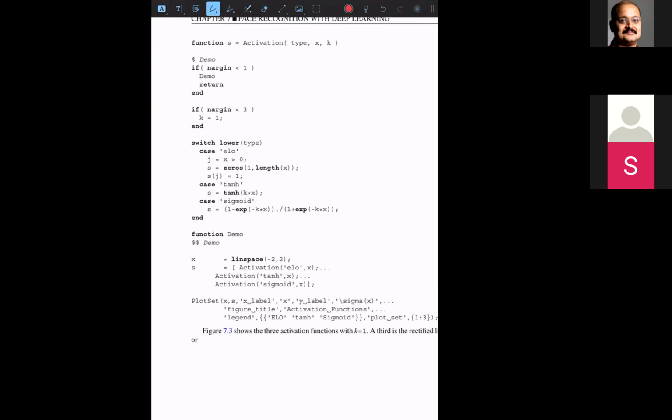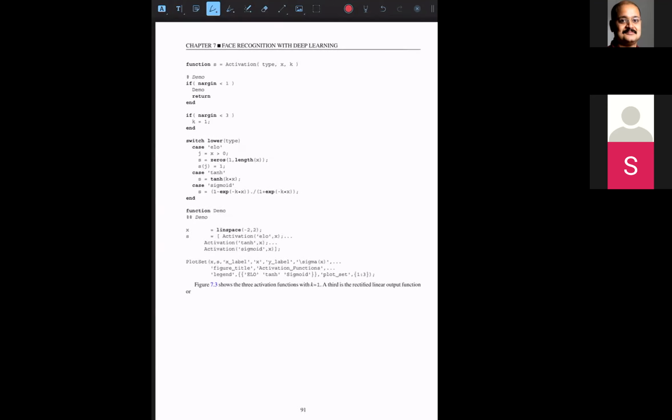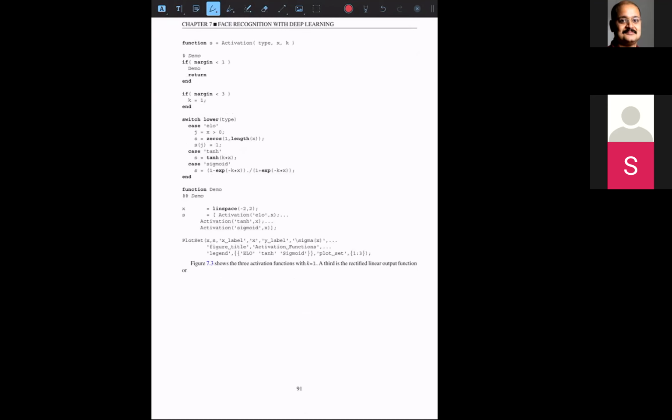As you can see, the ReLU activation function is 0 when the input is 0, and the ReLU activation function is equal to the input when the input is greater than 0. You have the tanh function, and you have a sigmoid function. And please do these exercises.